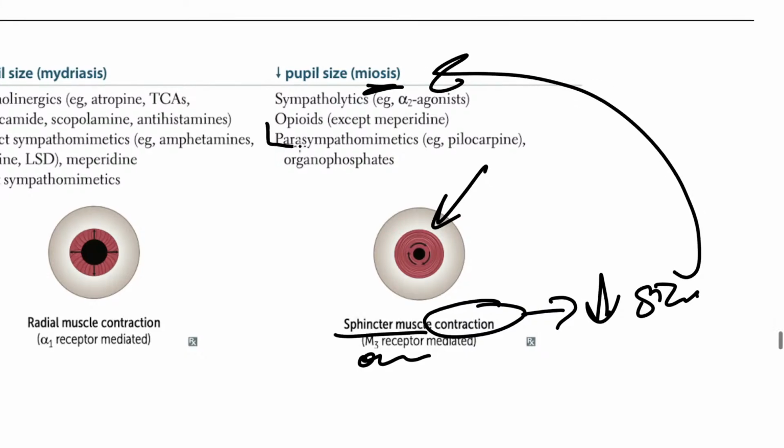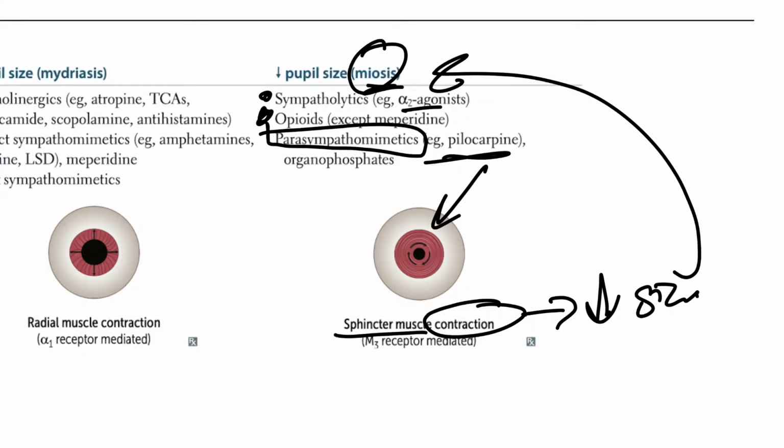It is done through parasympathetic because it is the M3 receptor, for example, pilocarpine. But it's also done if you give sympatholytics, which are alpha 2 agonists, or opioids. High yield: opioids would also cause meiosis, except meperidine.